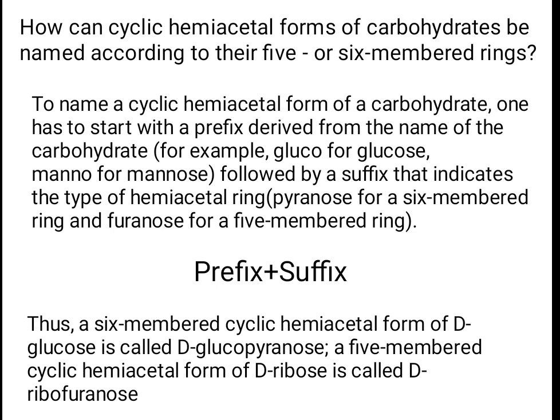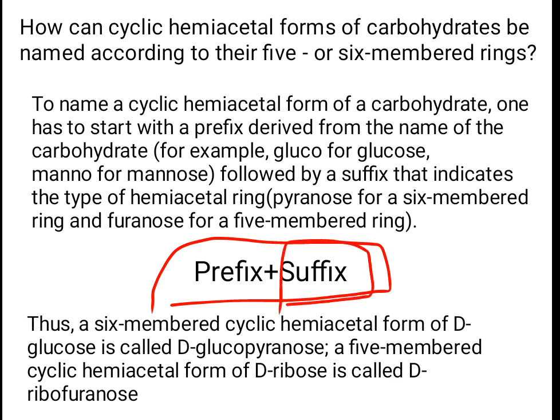That means you have to do a prefix plus a suffix. The prefix will come from the name of the sugar, and the suffix will come from the structure of the sugar, whether it is a pyranose or furanose ring.